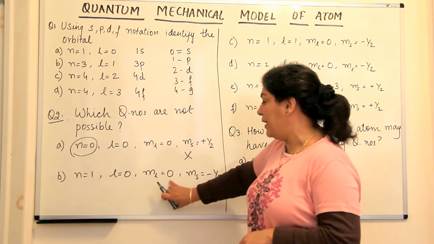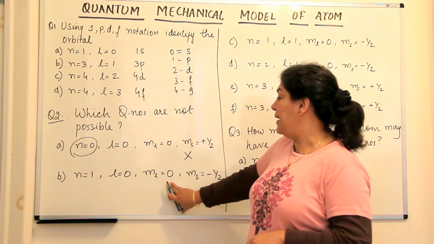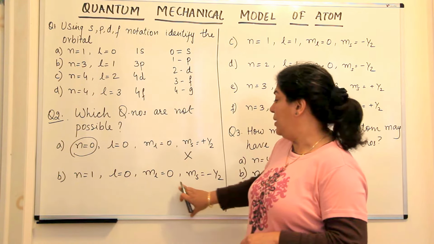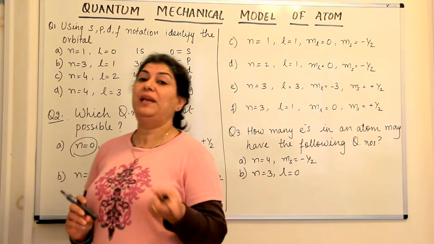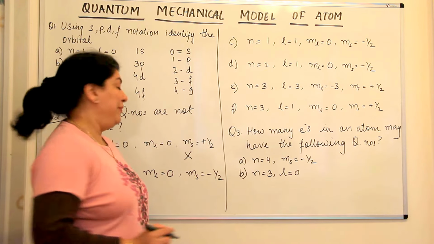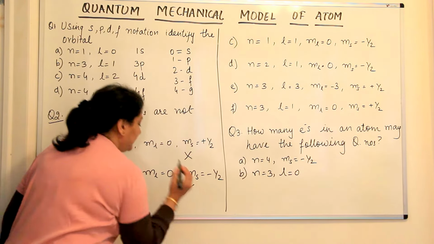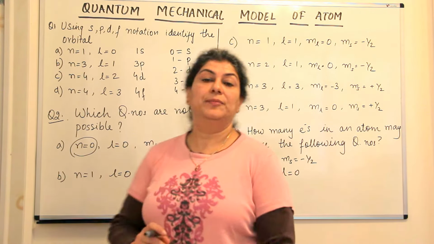Now if it has one orbital, ML having a value of 0, in this orbital there should be 2 electrons, one having a positive half spin and one having a negative half spin. It's the negative half spin, therefore it is possible. The second set of quantum numbers is possible.